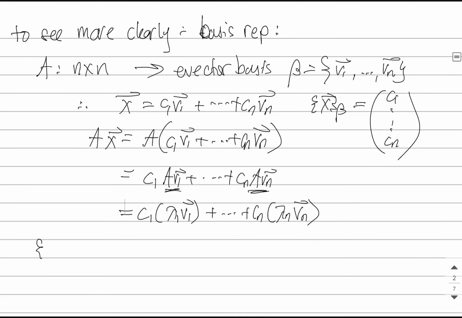Now, if I ask you for the eigenvector basis representation of this, I've got it right there. So the coordinates here end up being the weights in front of each basis vector: c1 lambda 1, cn lambda n. Now, here is the key point.